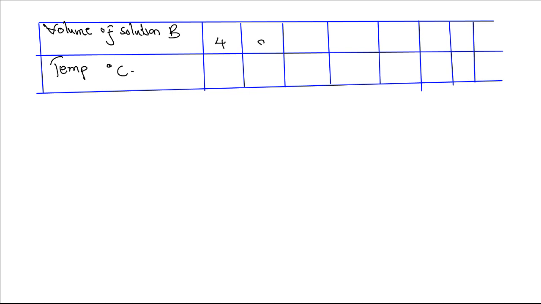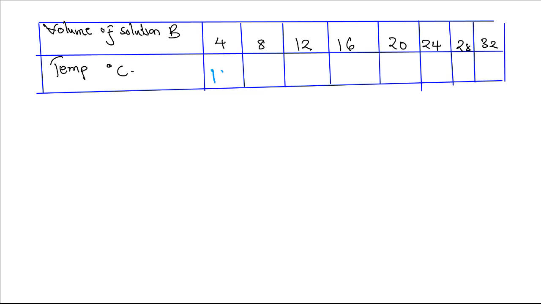So 4, 8, 12, 16, 20, 24, 28, 32 cubic centimeters, and the temperature at those different additions.